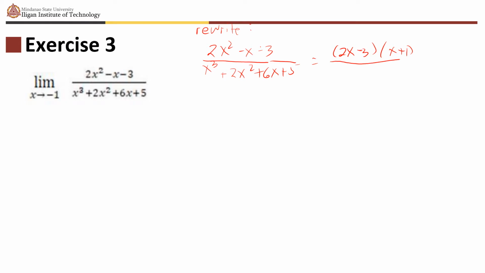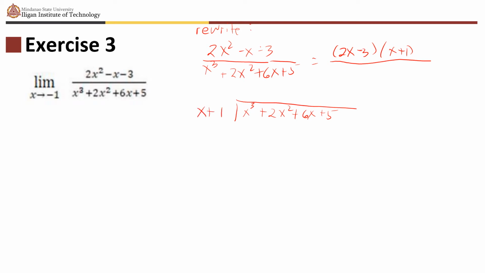On the other hand, for the denominator, what we can do is to divide it by the factor x plus 1. So we have x cubed plus 2x squared plus 6x plus 5 divided by x plus 1.